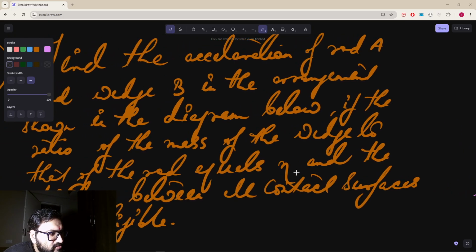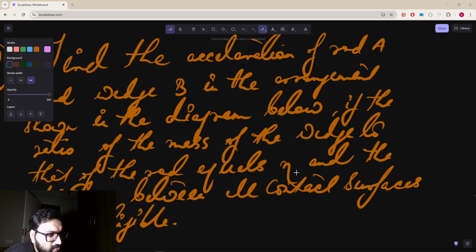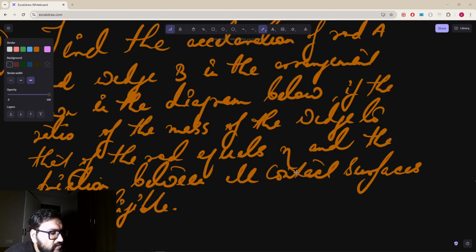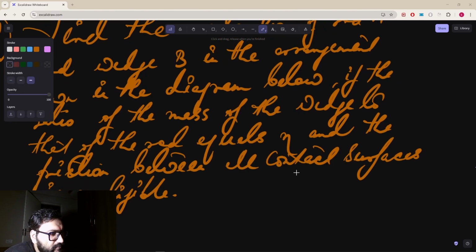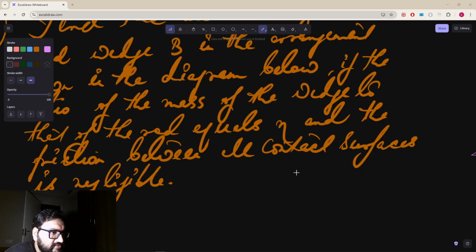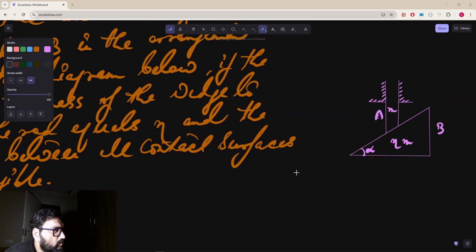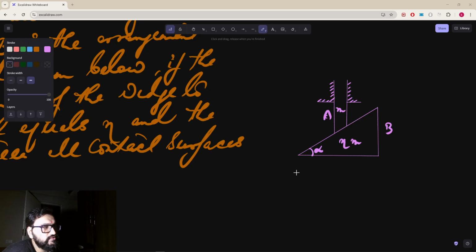I know that the ratio of the mass of the wedge to that of the rod equals eta, and the friction between all contact surfaces is negligible. So this wedge is also standing on a frictionless surface. Essentially all the surfaces are frictionless, in fact, this surface is also frictionless.